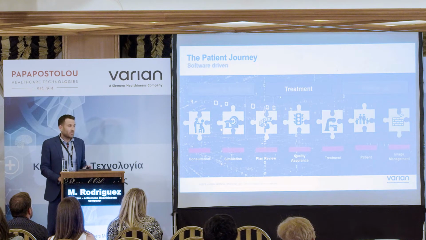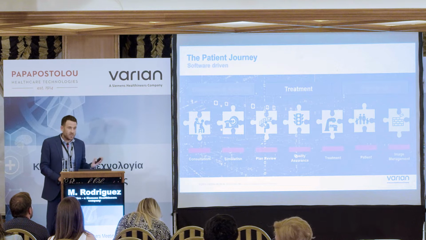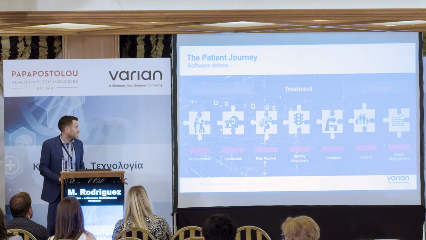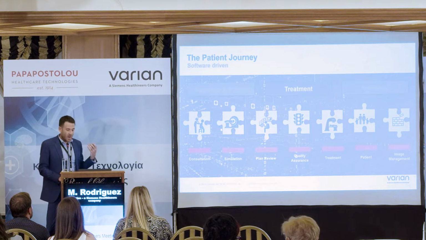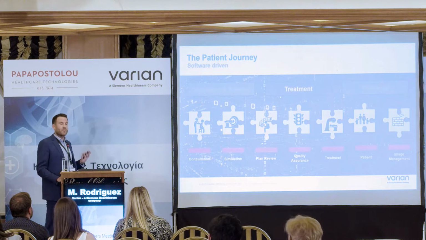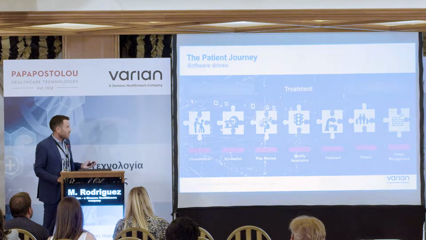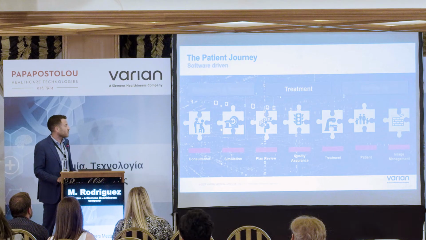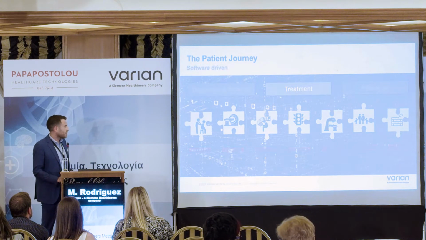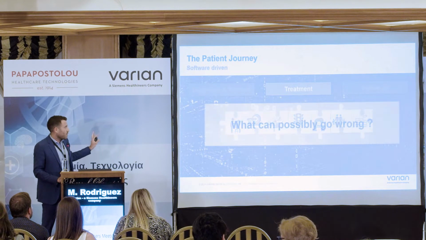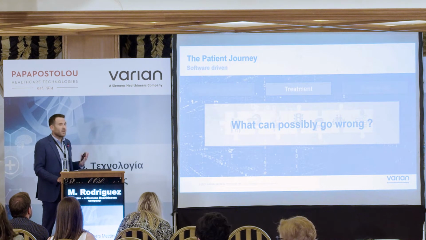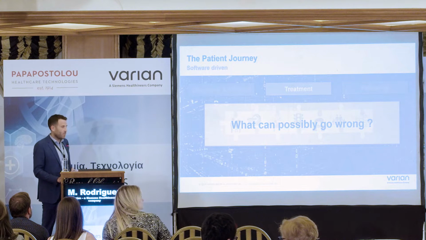But when we introduce any new technology, we always have to keep in mind that there is some risk and potential problems that might arise. And we have the challenge to solve them. As providers, we need to provide the right solutions. So as we were saying, the process has to be all together, but we have to think what can possibly go wrong.